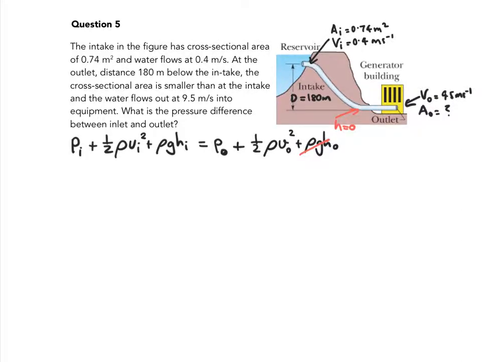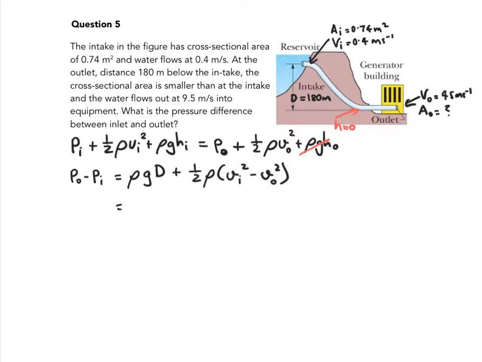We can now get the pressure difference, P outlet minus P inlet, just by doing some algebra, equals rho g D, we know what D is, plus half rho times v inlet squared minus v outlet squared.